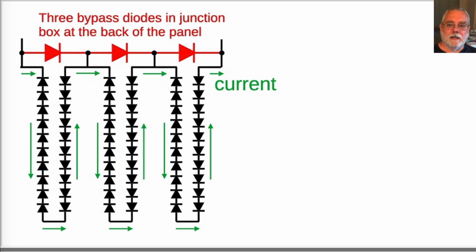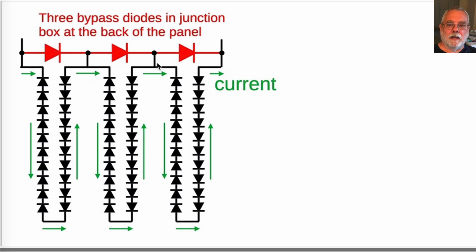Now, let's look at that case of one solar cell being partially shaded with 40% illumination. Without the bypass diodes, the string on the right would have minus 10.7 volts if one cell was partially shaded, as we saw previously.